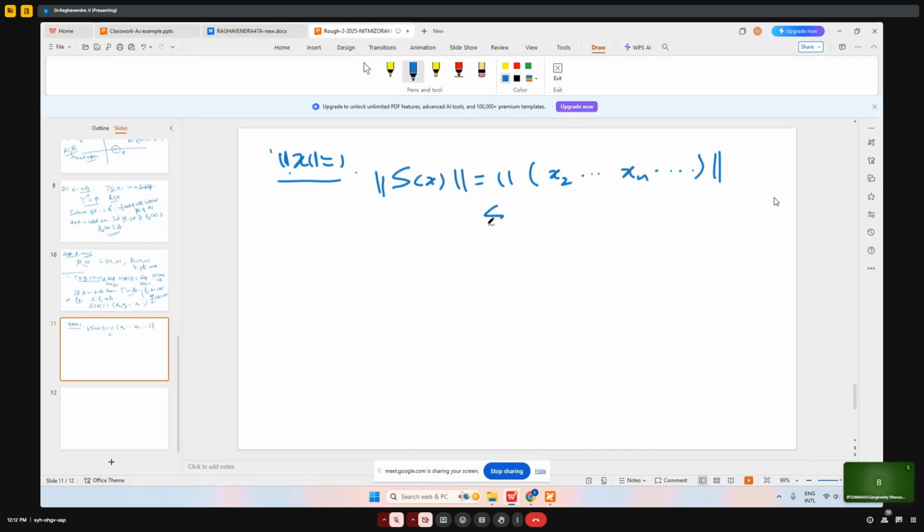This will be less than or equal to norm of x in L1. Why? Because the norm of this is the summation from i equal to 2 to infinity of mod x_i, and this is smaller than or equal to the sum when you add mod x1 to it. This is anyway equal to 1 because you use this.